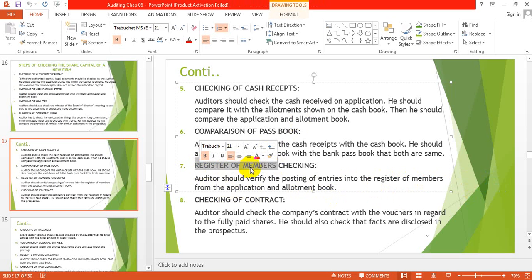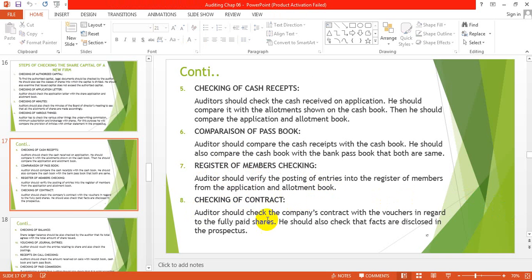We call it the register of members. Now he is going to confirm whether his name is there in the register of members or not. From the application and allotment book, he will check the application and the allotment book. Suppose shares are allotted to Mr. A. Now his name will be there in the register of members, and he will confirm this.